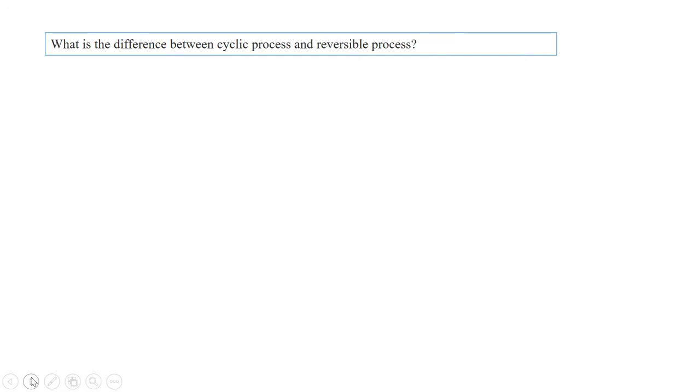on the basis of whether the process is reversible or irreversible. This is one category where we are defining whether the process is reversible or irreversible. In that category, we are trying to find out whether the system can get restored to its original state.